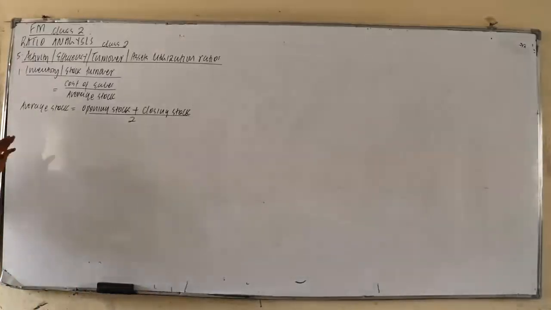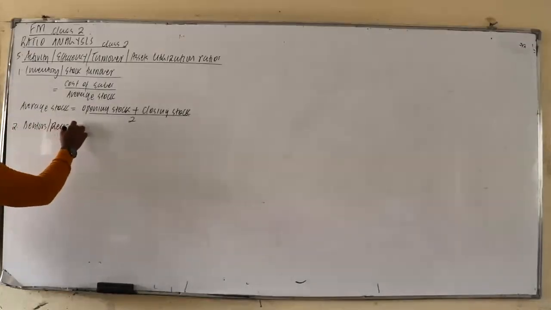That can also happen with the data set. Whenever you're told to compute the average, you take the opening balance plus the closing balance and divide by 2. But whenever you're not given the opening balance, the closing balance will be assumed to be the average.